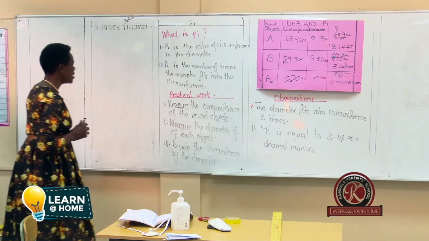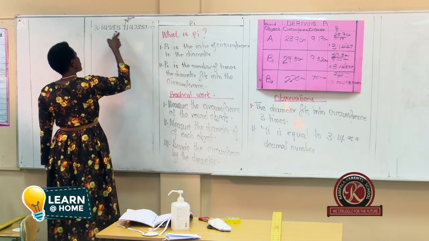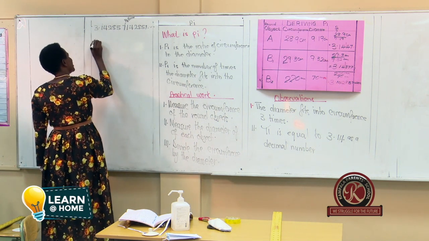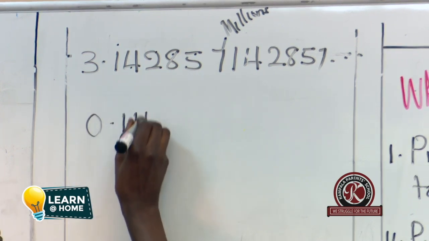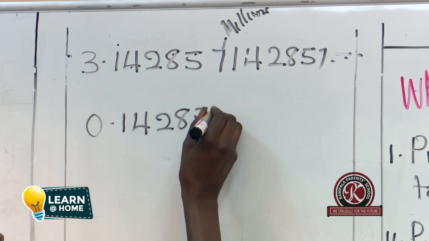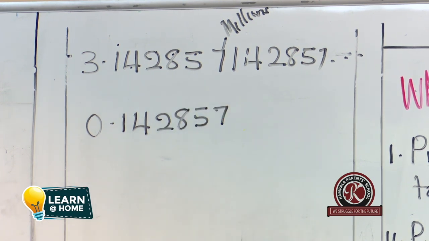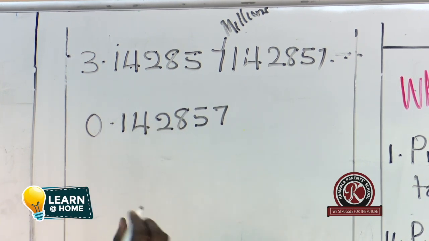So we are moving. So what do we do here? We are going to write this, to pick only this part as 0, leaving the whole number. 1, 4, 2, 8, 5, 7. This one, I'm going to write it as a fraction.